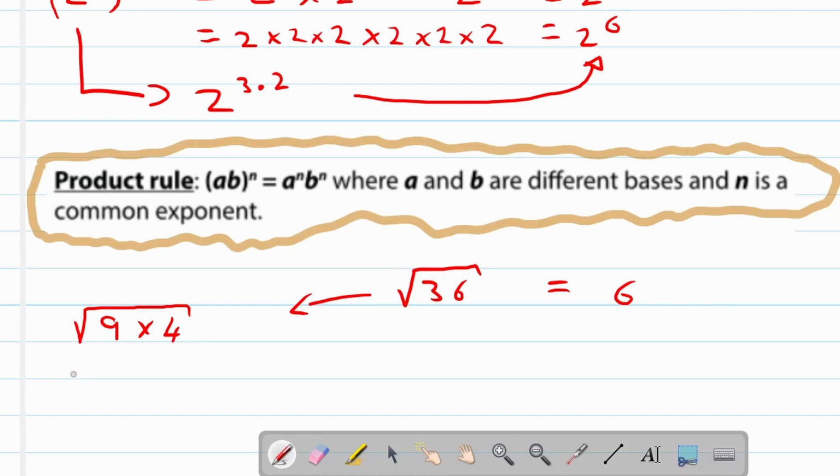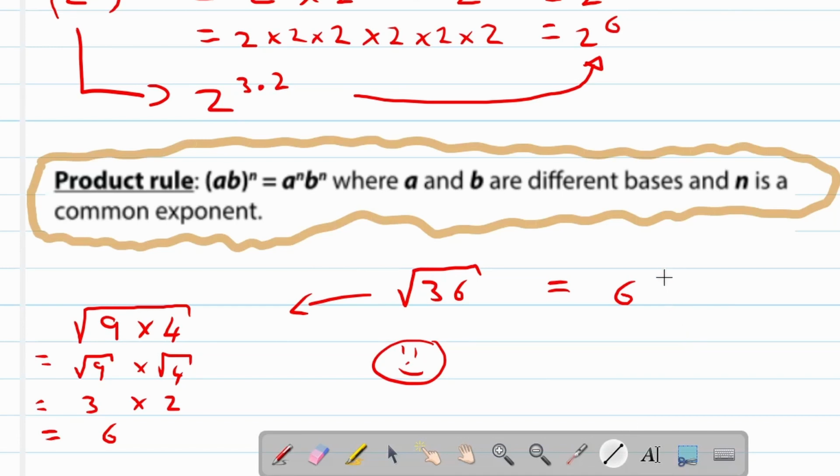We can then write this as the square root of 9 times the square root of 4. We know the square root of 9 is equal to 3. The square root of 4 is equal to 2. 3 times 2 is equal to 6. So this works out perfectly. Remember, a square root is like an exponent. So that's an easy one to understand.